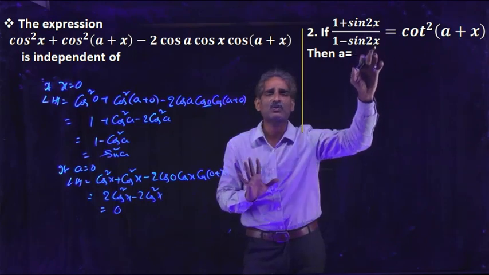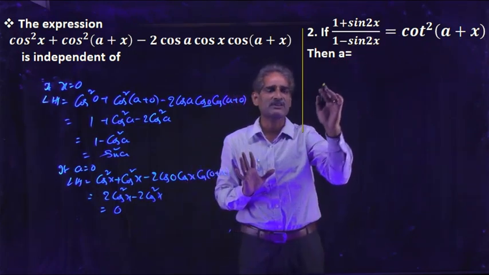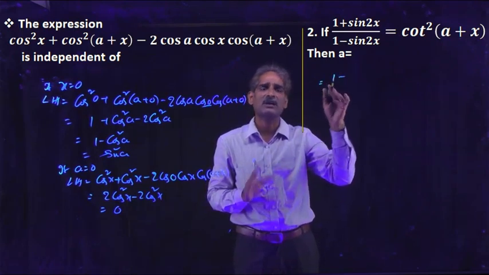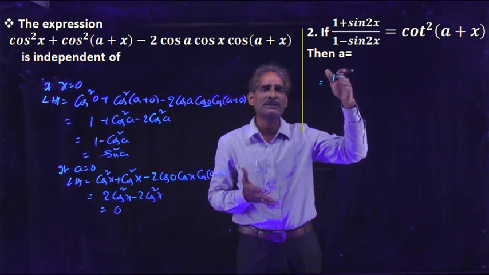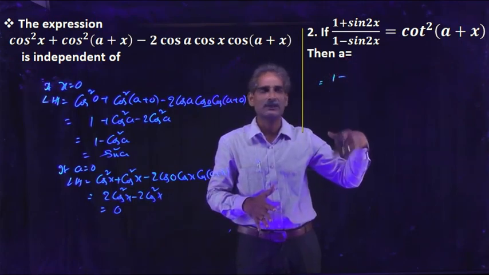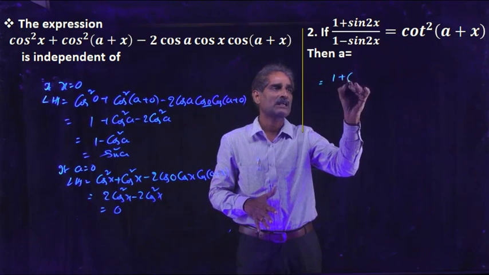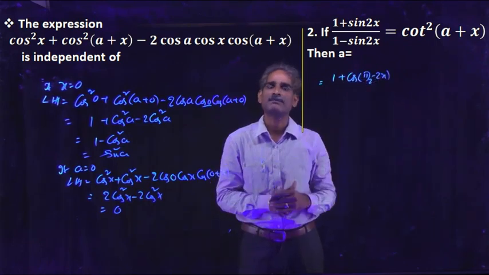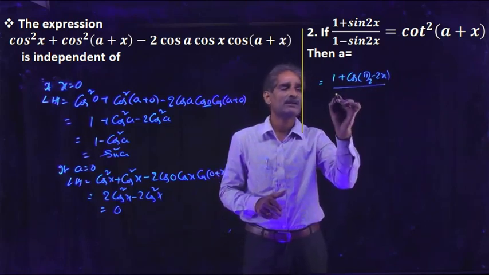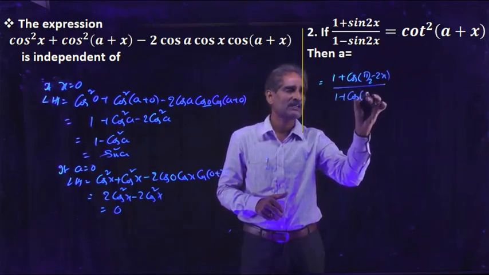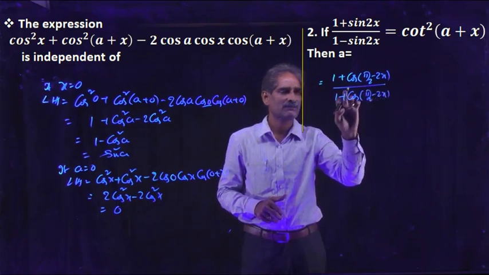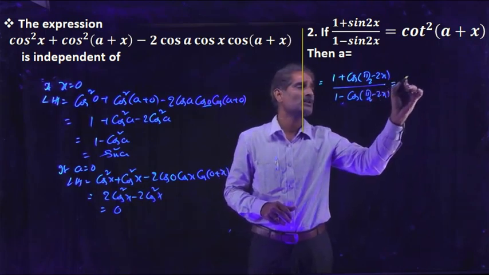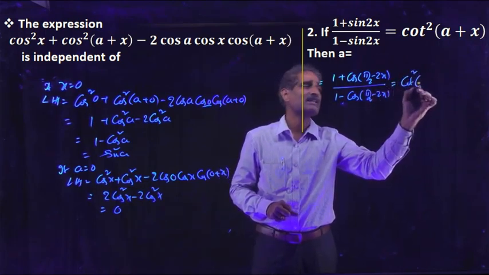Just simply write sin 2x in terms of cos. Here 1 plus or 1 minus sine function is there. Better to bring it into the form of 1 plus cos by 1 minus cos. So 1 plus cos of (90 minus 2x) divided by 1 minus cos of (90 minus 2x), is equal to cot square (a plus x).